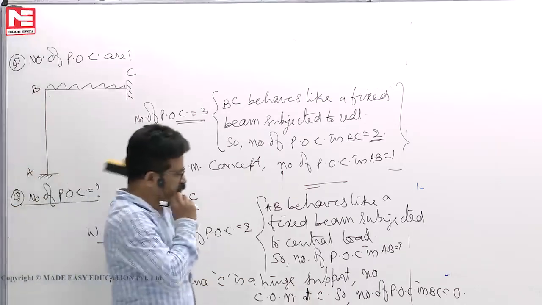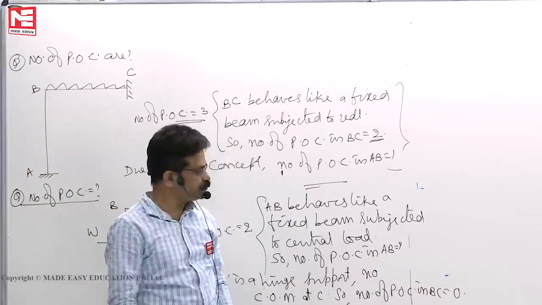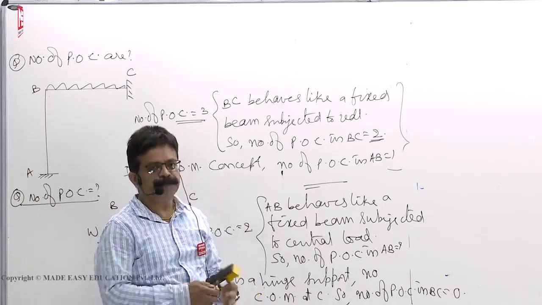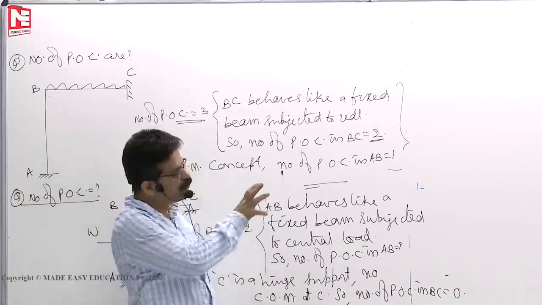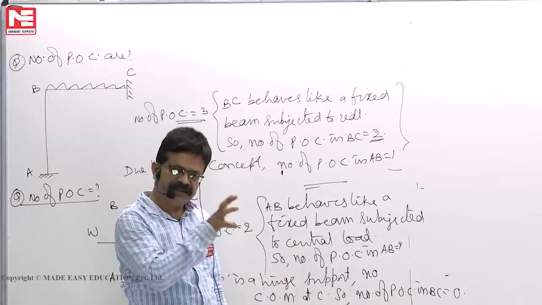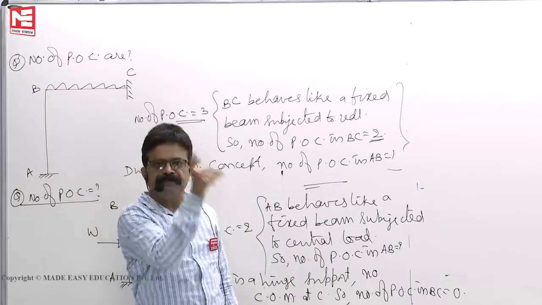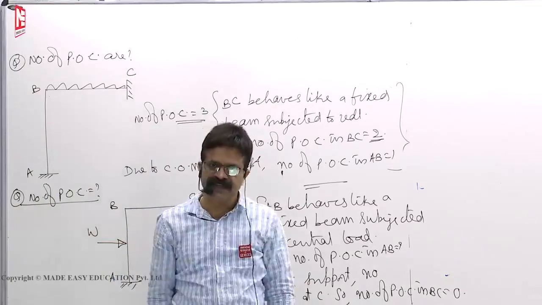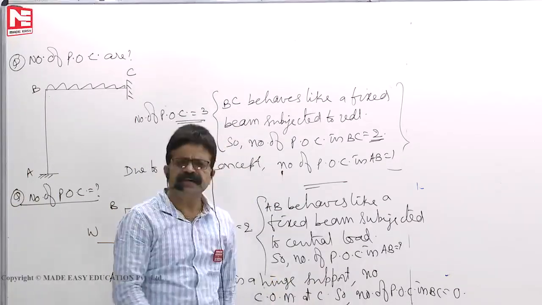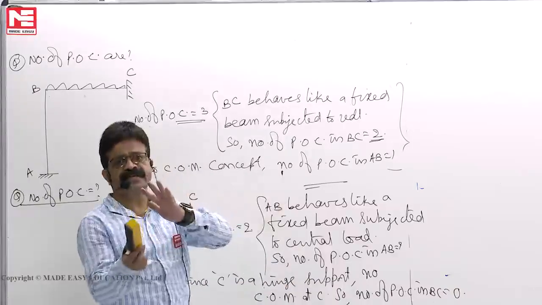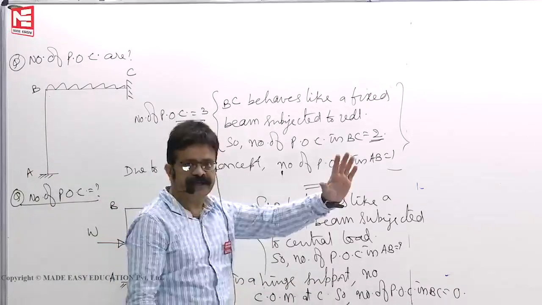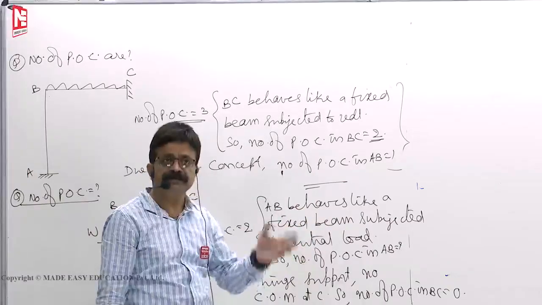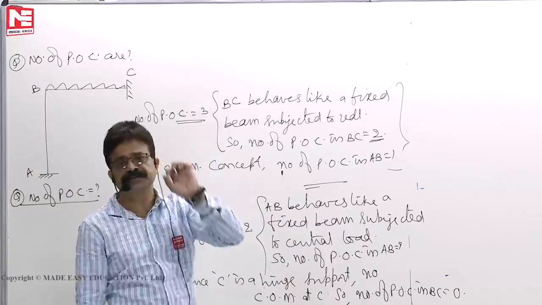Now, you understood how to find the number of points of contraflexure in simple cases. They give you a question so that you will be able to easily identify member wise. Then add the individual POCs, total you will get. In very complicated questions where sway is there, if the frames sway, then sometimes POC may be there, POC may not be there depending on the span and magnitude.